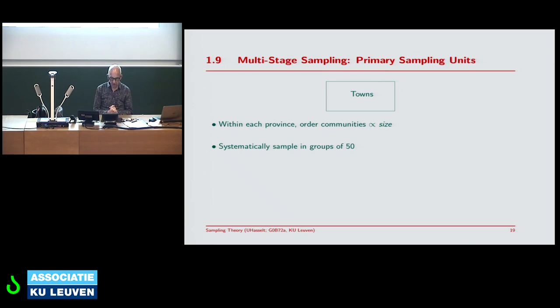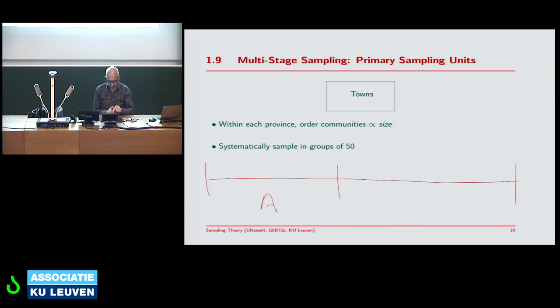And here, of course, we need to make a few comments. Systematic sampling, what is that? We haven't introduced it yet. So we take a line segment that's the size of a province. And I'll take the province of Antwerp for the time being.